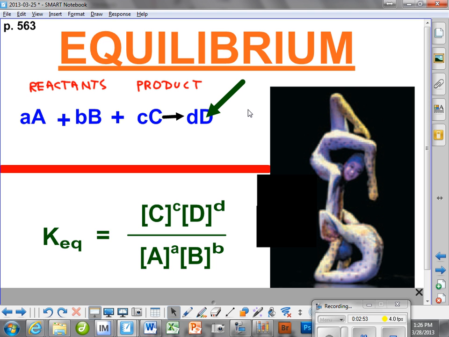Going back to the original way that I had this, for this reaction, A and B are on the left and C and D are on the right. But I could also have a situation where I have A only on the left side, so I only have 1 reactant. Then B has become a product instead of a reactant.